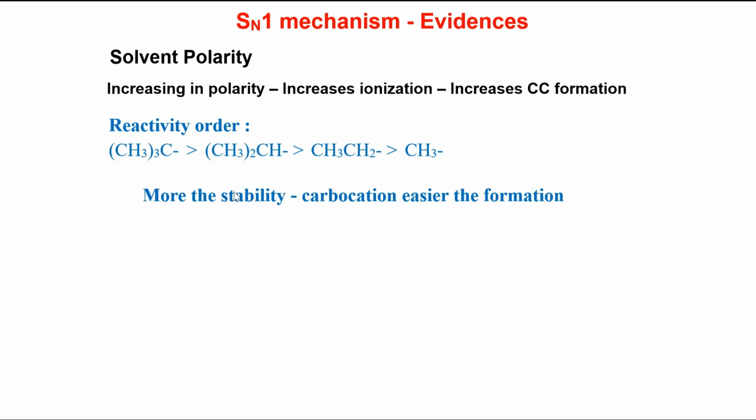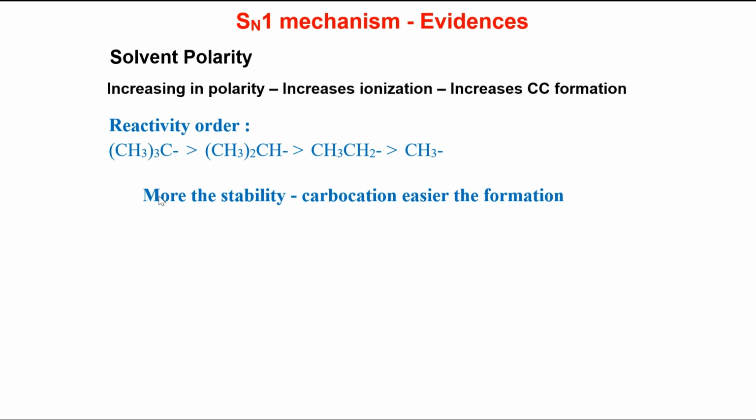It is attributed to the positive inductive effect and the hyperconjugation effect of the alkyl groups present on the carbocation. The more stable the carbocation, the easier is the formation. That's why tertiary alkyl halides will be more reactive as they form tertiary carbocation.